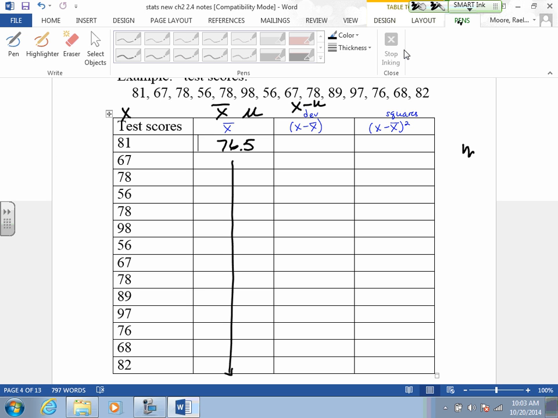Right now, there's no difference in these two. We're going to find these the exact same way all the way down. So we're going to say 81 minus 76.5. And we're going to find these all the way down. We're going to do 67 minus 76.5. You're just taking it in that order. So some will be positive, some will be negative.